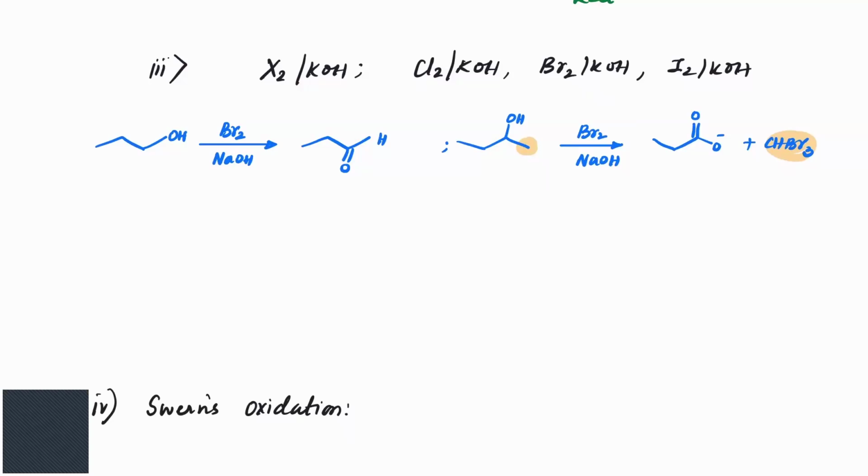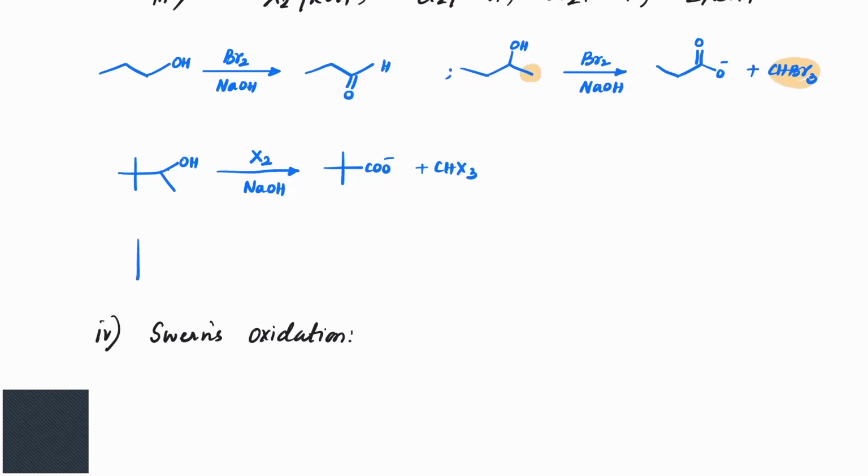So this happens even when you have tertiary on one side and methyl on the other side like this. So here, if you treat with X2 and NaOH, you will get this as COO minus and CHX3.